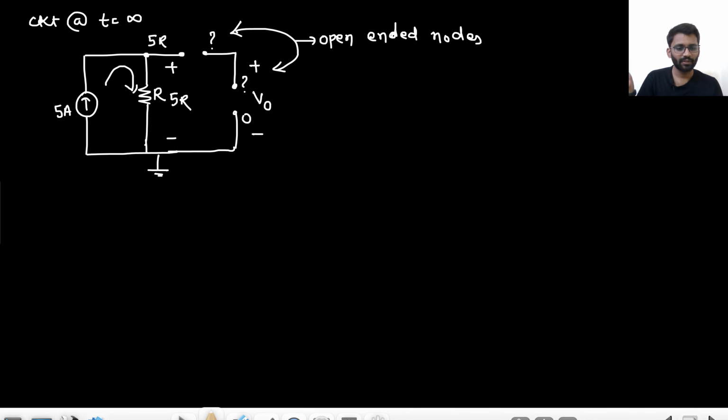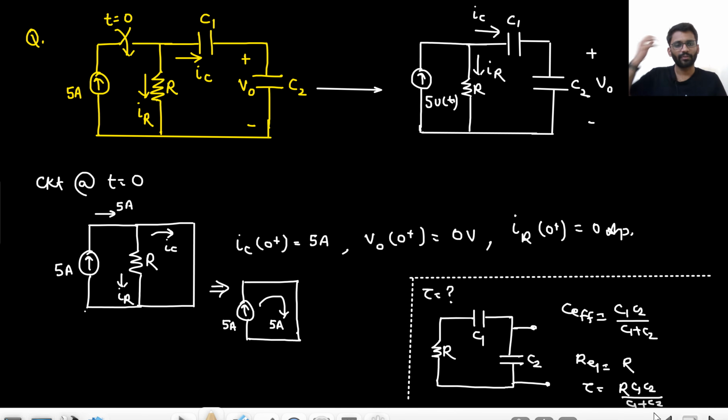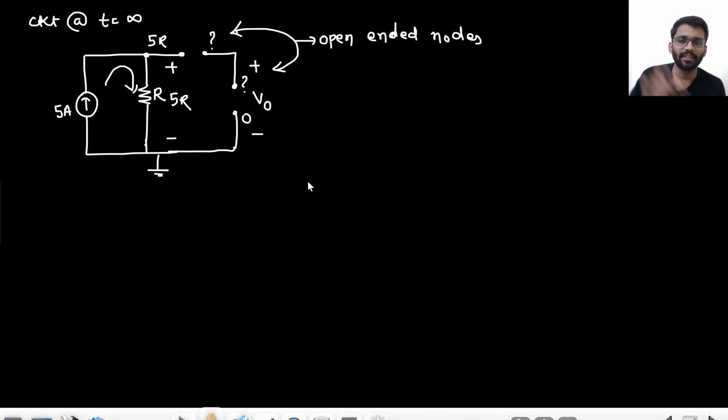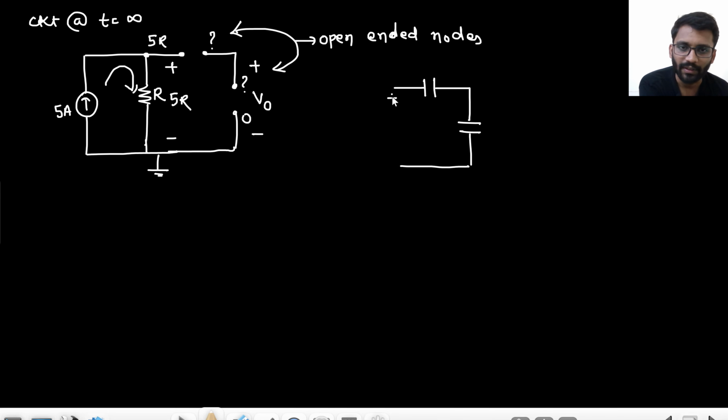In the previous video, when we solved the numerical example, we saw that finally the voltage was getting divided into two capacitances, and this is what is happening here. So this 5R voltage is getting divided into C1 and C2, right?